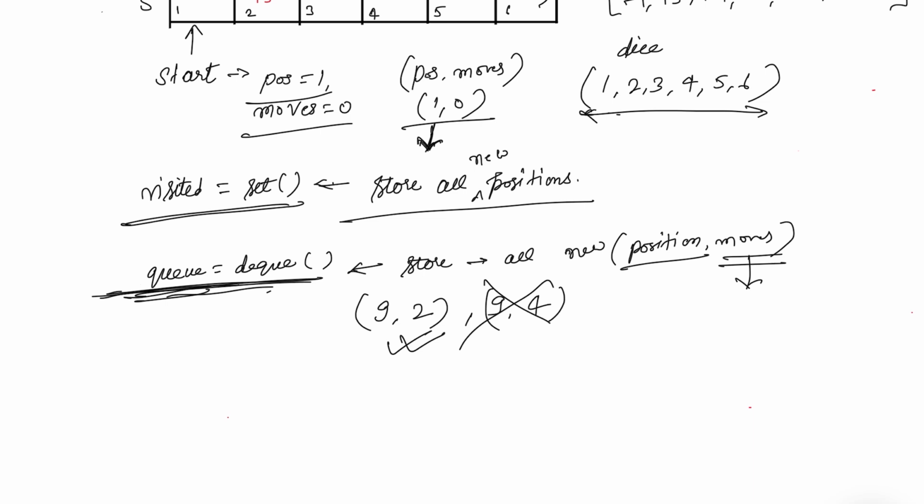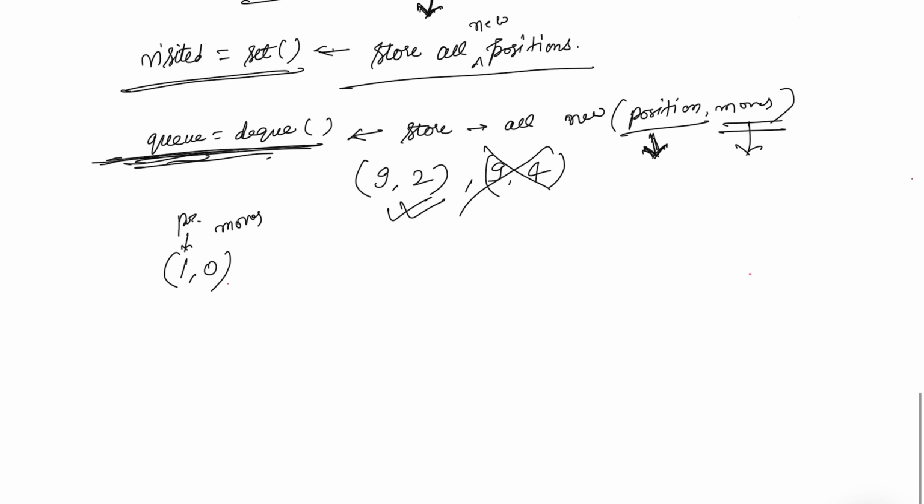But we have to check for each position and for each move. See, it can be a case like we start from 1, 0, this is position and move. In dice there are 6 throws: 1, 2, 3, 4, 5, 6.